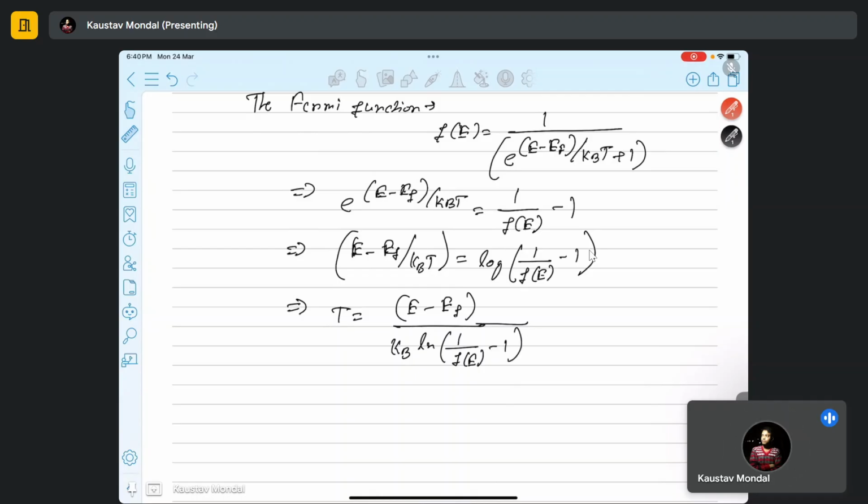Okay. This we have done just for simplification of the problem.